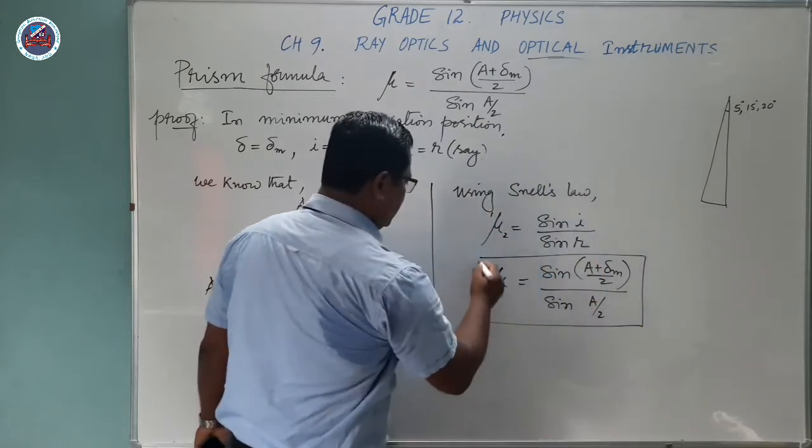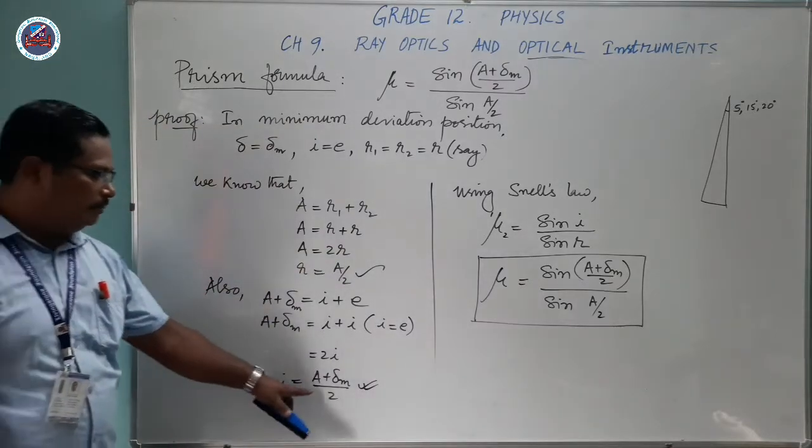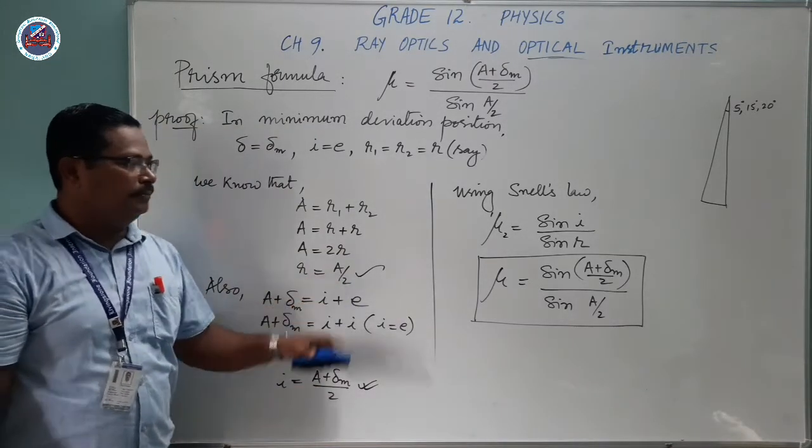So this way you can derive the prism formula. Here I is (A plus del m) by 2 and R is A by 2.